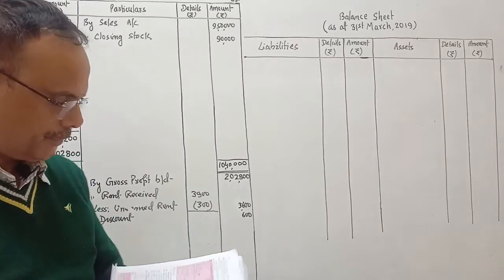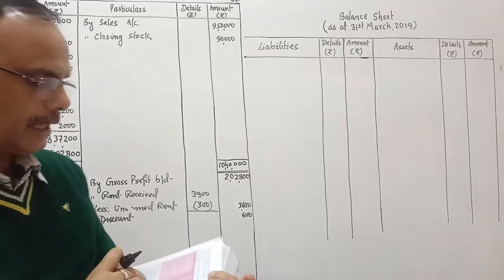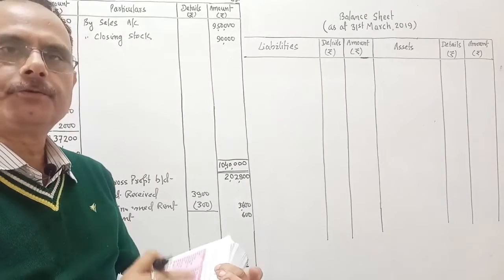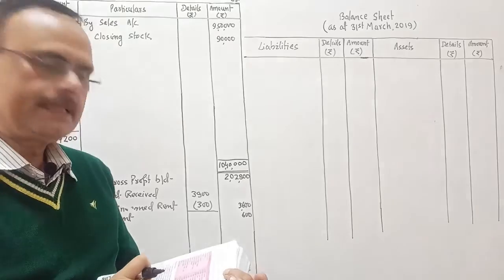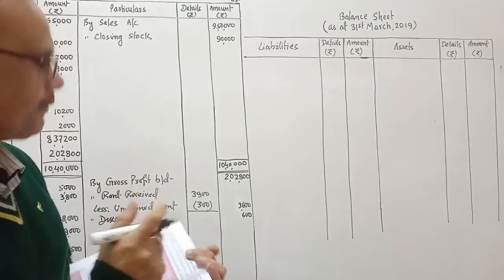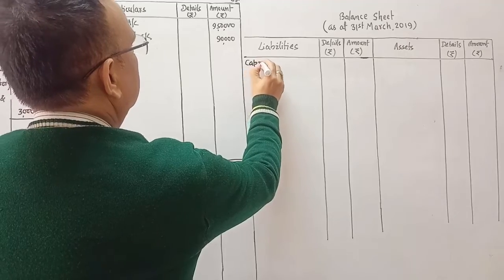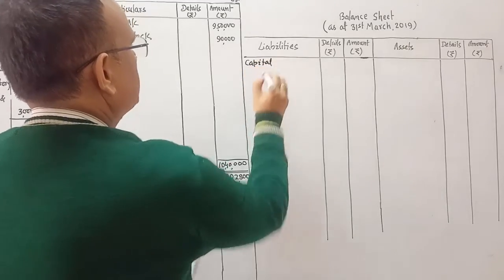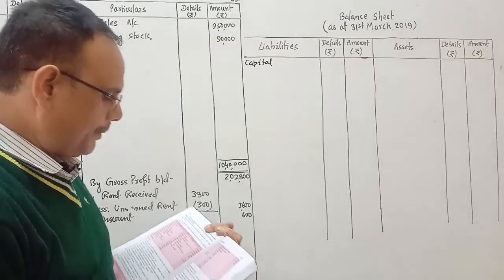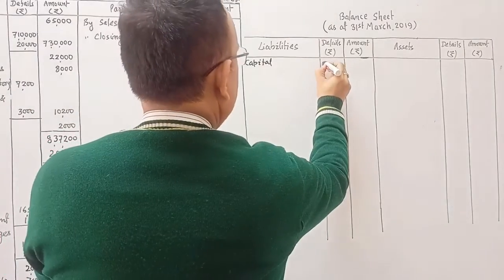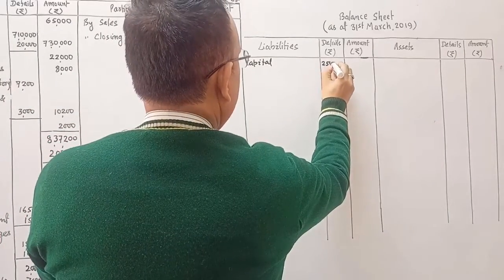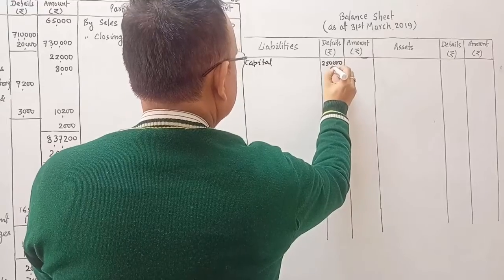Now come to the balance sheet. Start with the liability side. First, you see the trial balance credit side: the amount of capital given in the trial balance is your opening capital, that is 2,50,000. Write the amount in the inner column, 2,50,000.